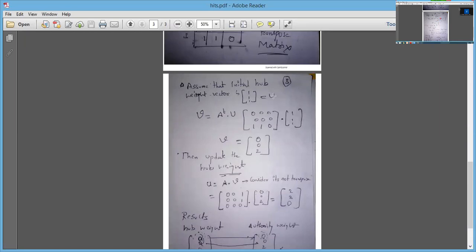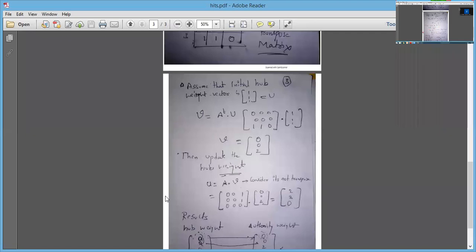You can do it like your general mathematics: 0 into 1 plus 0 into 1 plus 0 into 1. Everything is 0, so 0, 0. Only this will be 1 into 1, 1 plus 1 into 1, 1. So you got 2, and 2 plus 0, again 2.